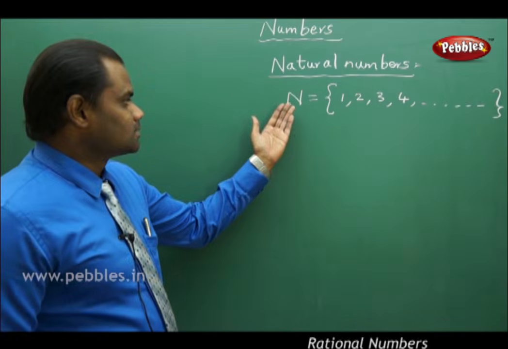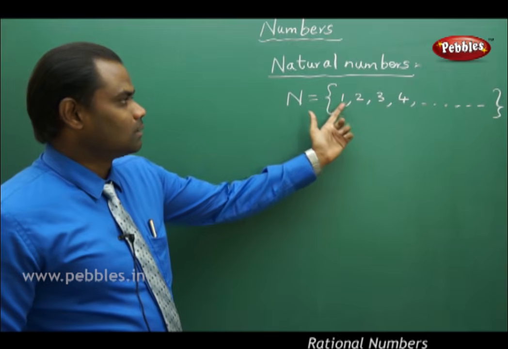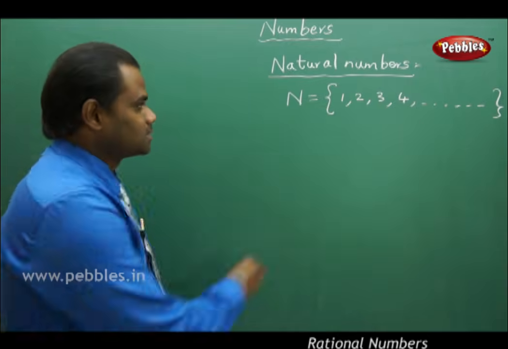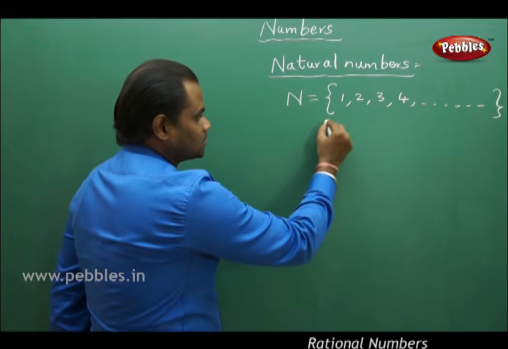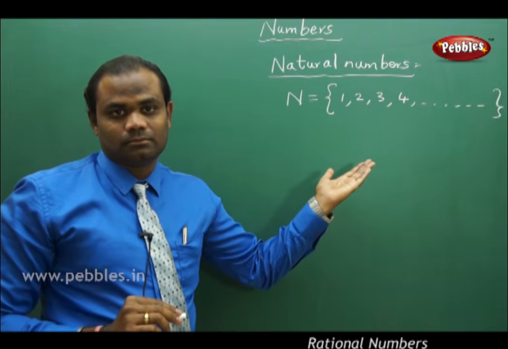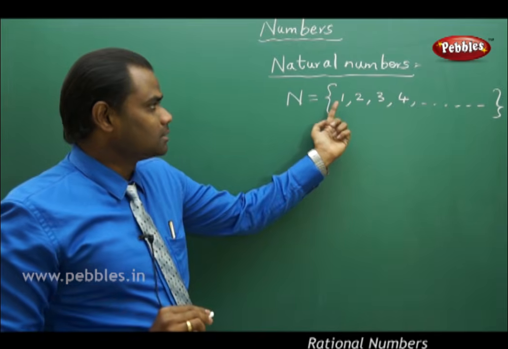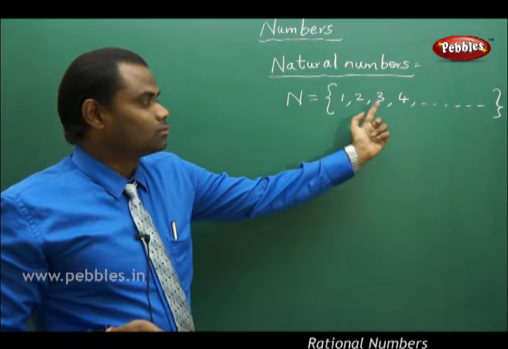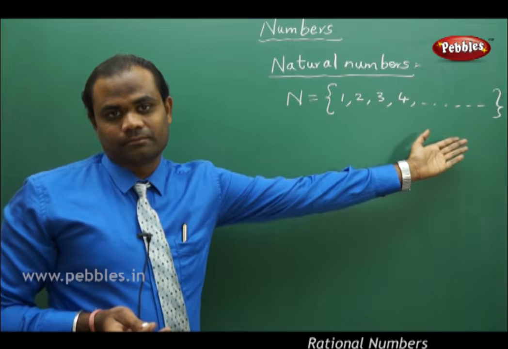The natural numbers denoted by N start with 1, 2, 3, 4 and go till infinity. We call them natural numbers because they don't have the denominator, only the numerator. The definition here is that they start with 1 and the next numbers are consecutive: 2, 3, 4 and so on till infinity.